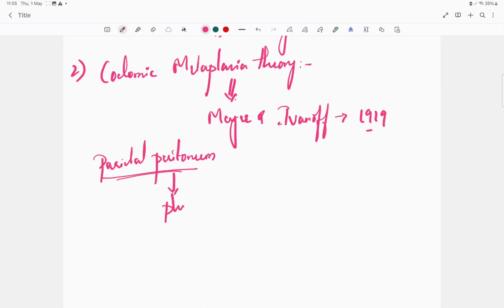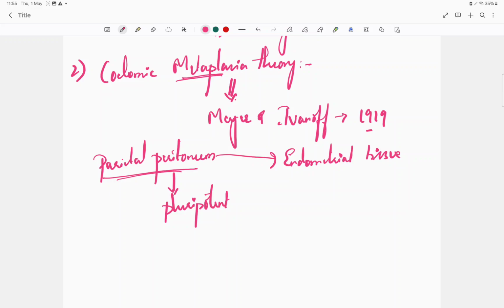What do you mean by pluripotent? It can give rise to certain types of cells. So what happens is it undergoes metaplastic transformation into the endometrial tissue.